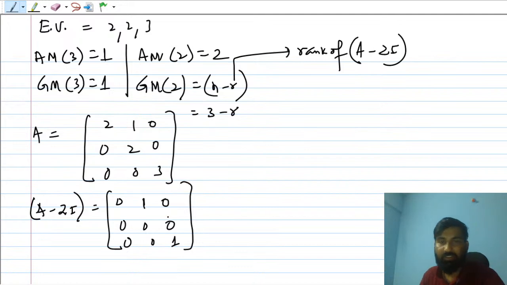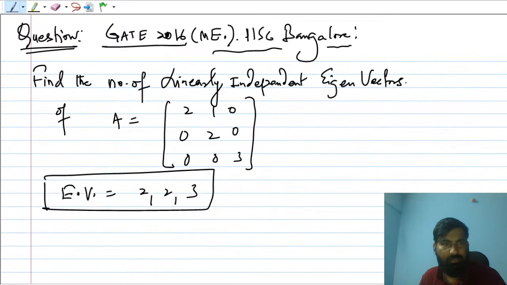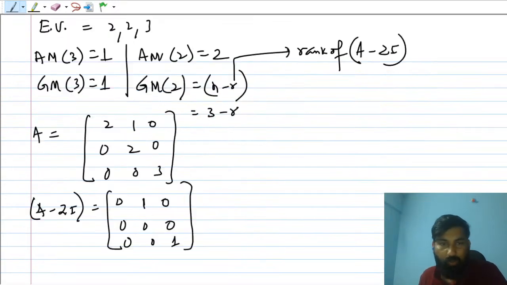What is the rank of this matrix? Perfect, yes, it is correct. The matrix is 0 1 0, 0 0 0, and 0 0 1, right?